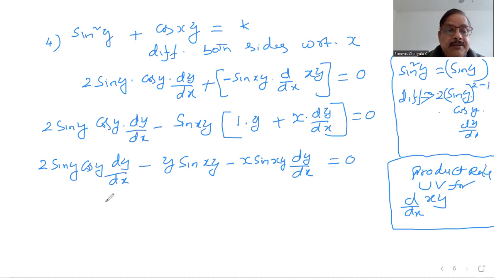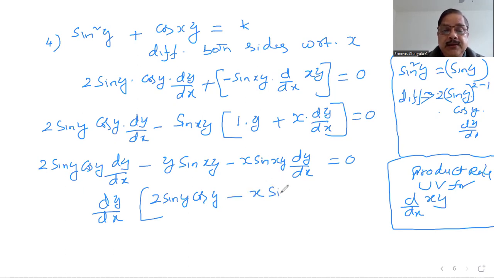Now dy by dx is common: 2 sin y cos y minus x sin xy, and from this I have taken minus y sin xy is equal to 0.